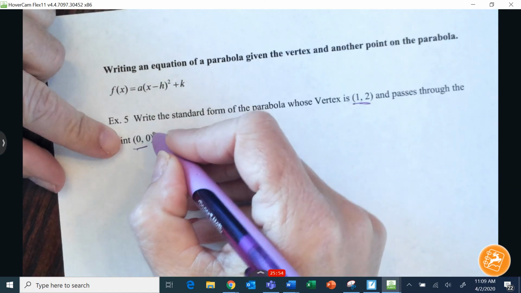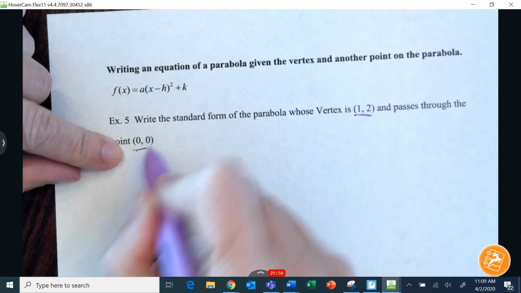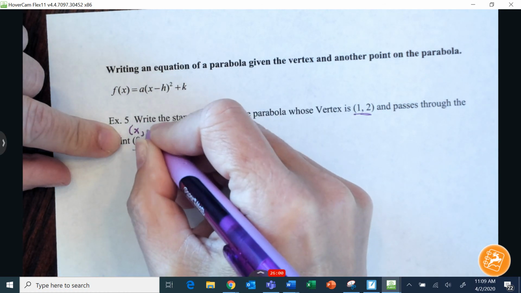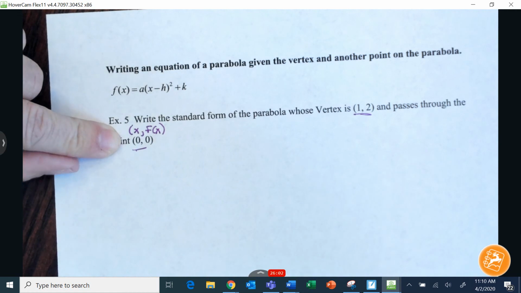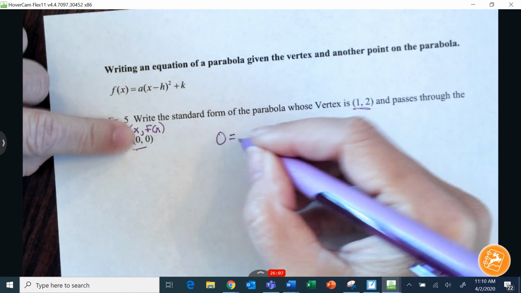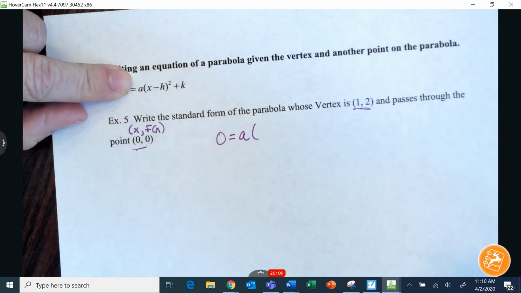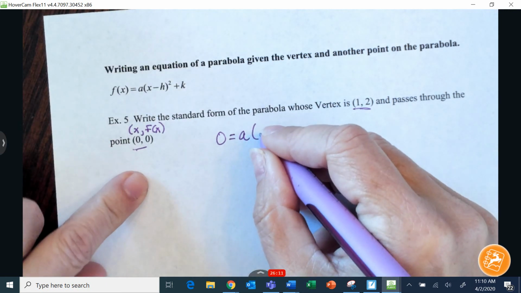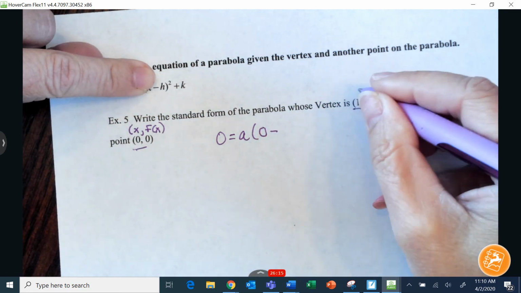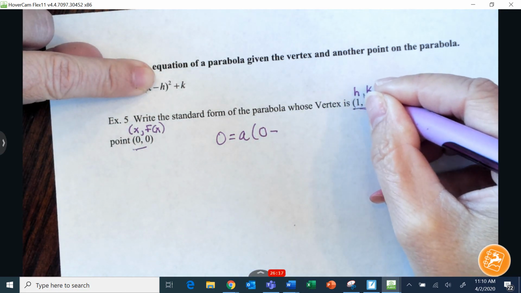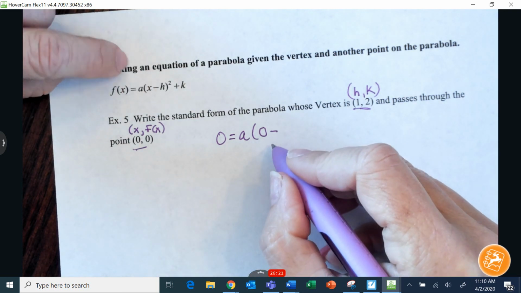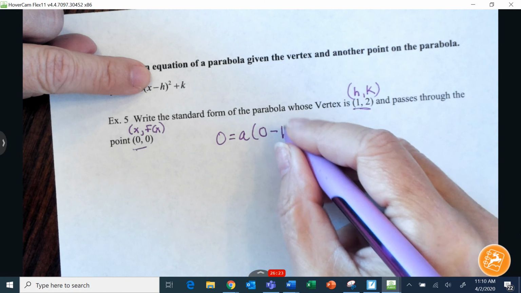So right here, I'm going to look at the 0, 0 as being the x and the f of x in the equation. And I'm going to write f of x, so 0, equals a, we don't know the value of that. And then the x value is 0 minus the h value, so vertex is hk.